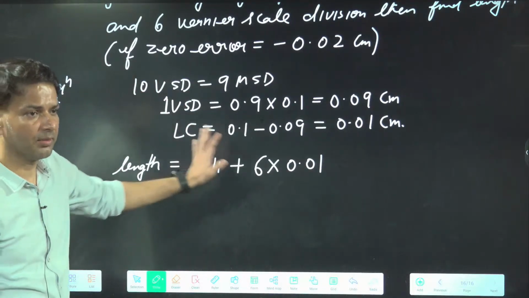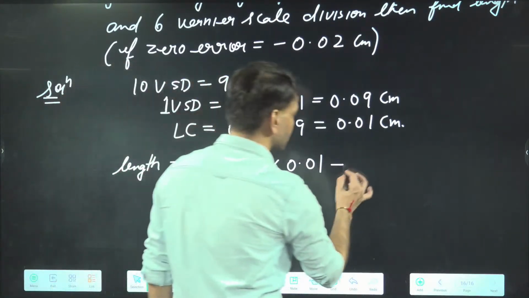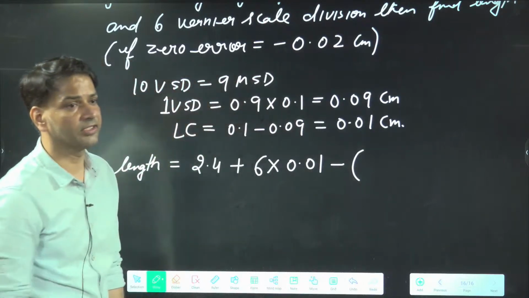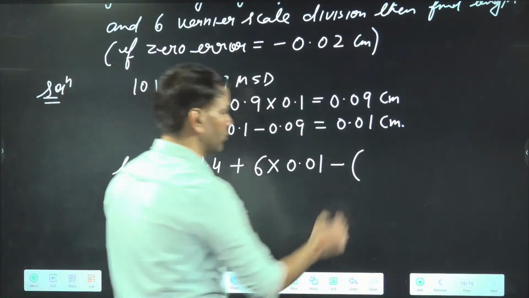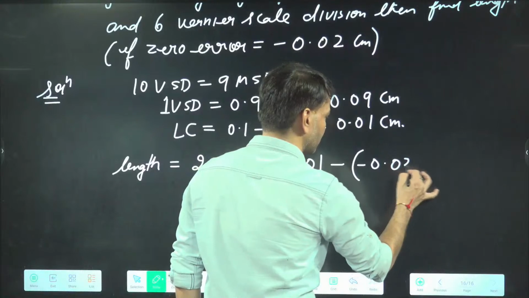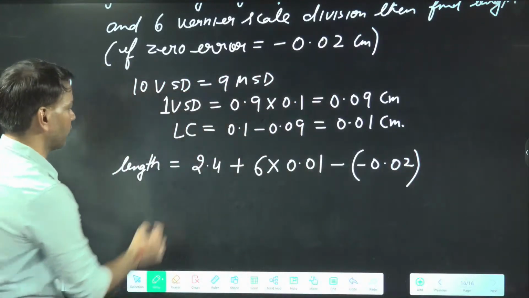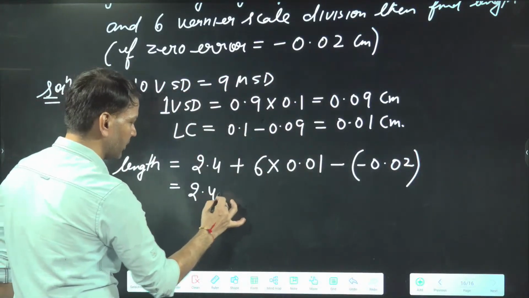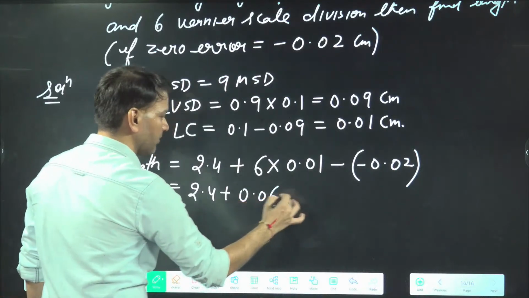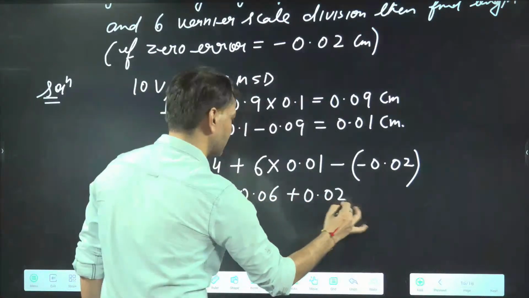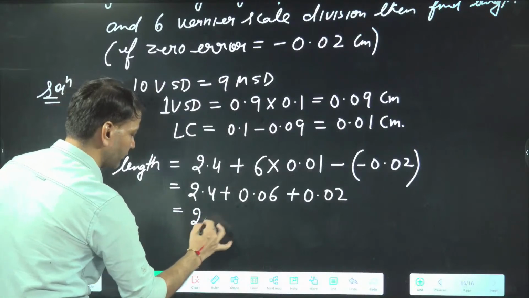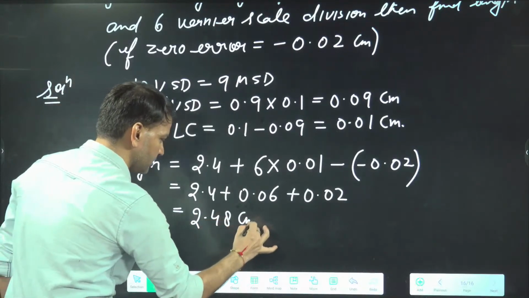So MSR plus VSR minus zero error with the sign. What is the zero error they have given? Minus 0.02. So minus of minus 0.02. Then what you will get? 2.4 plus 0.06 plus 0.02. Then we got 2.48 centimeter.